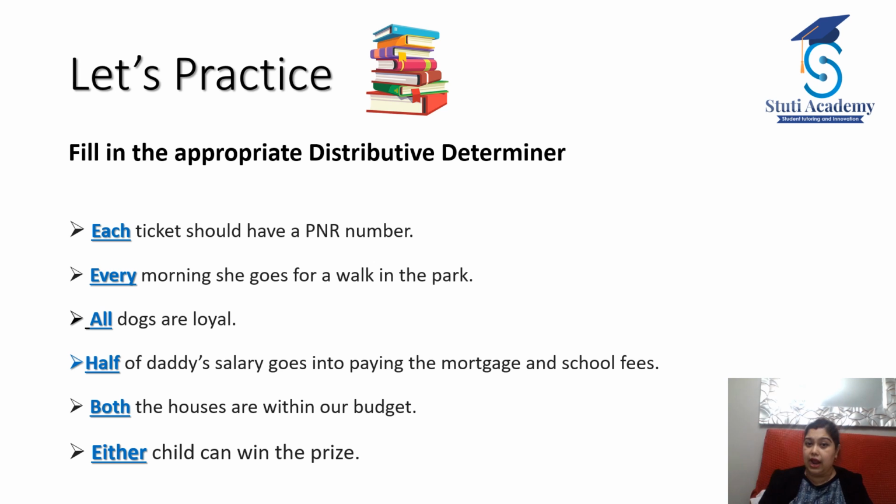So in a group, we have these two houses and we're talking about both the houses are within our budget. Either child can win the prize. So it is this one or that one. Either of the child will win the prize. Okay? Easy to understand? Yes.